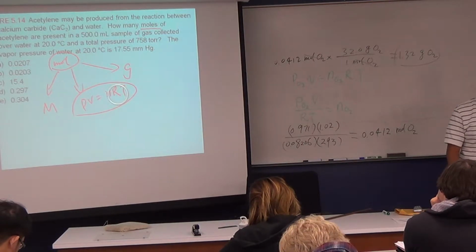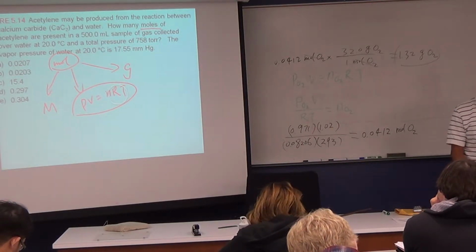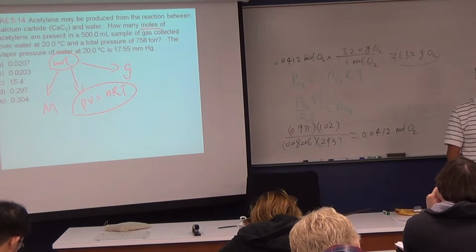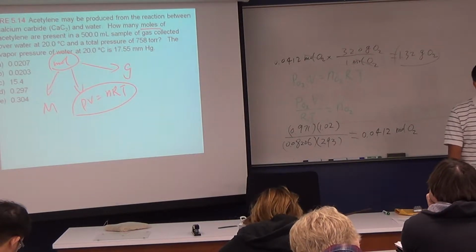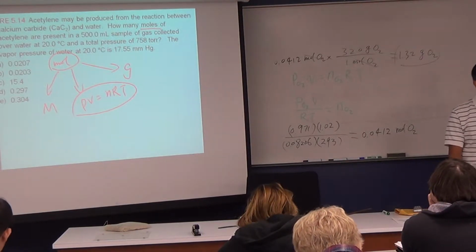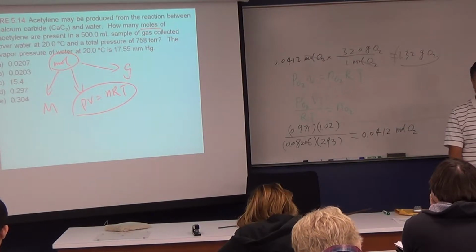Now, if you have a pure gas, you just use the total pressure and the total moles for the gas. For a gas mixture, think about the partial pressures and that particular mole.